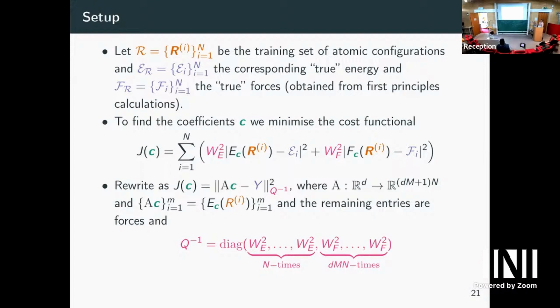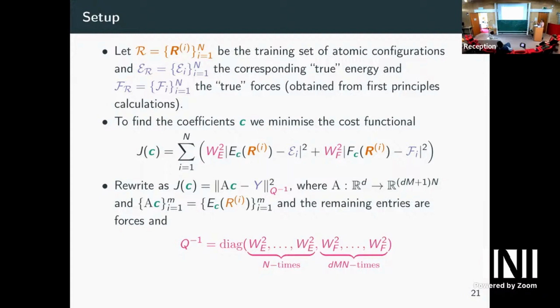You gather your training data from quantum mechanics, and typically for this linear regression, you want to weight your energies and forces, and it's typically done very ad hoc, and no one really knows why it works so well, but it just does.